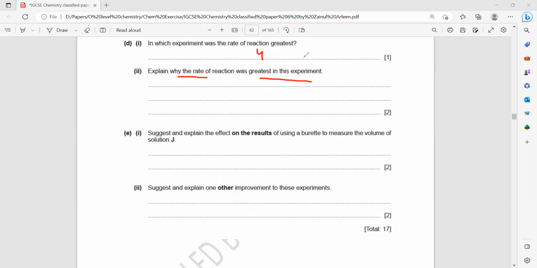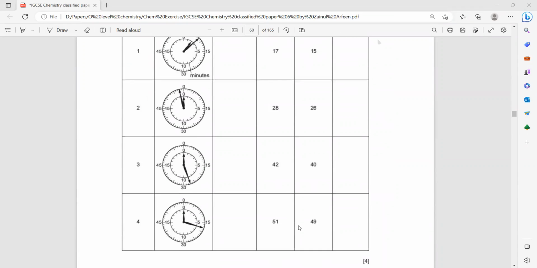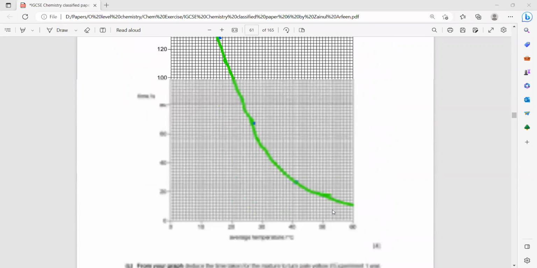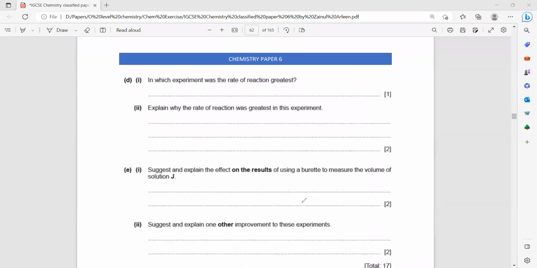As you can see, the average temperature at experiment 4, when it was done, was 50. So it was a high temperature as compared to any other. So you will mention this as a reason.